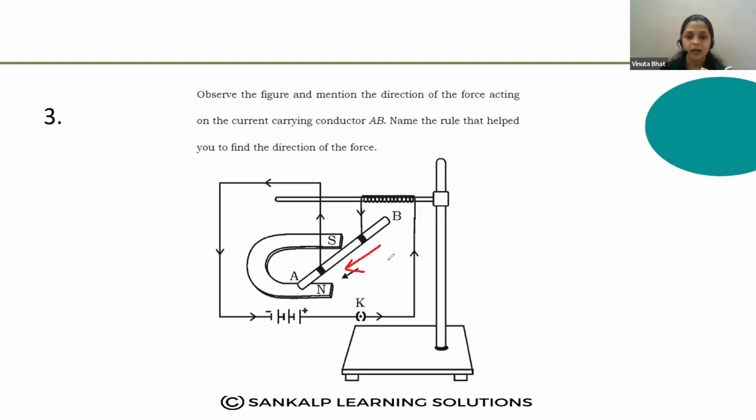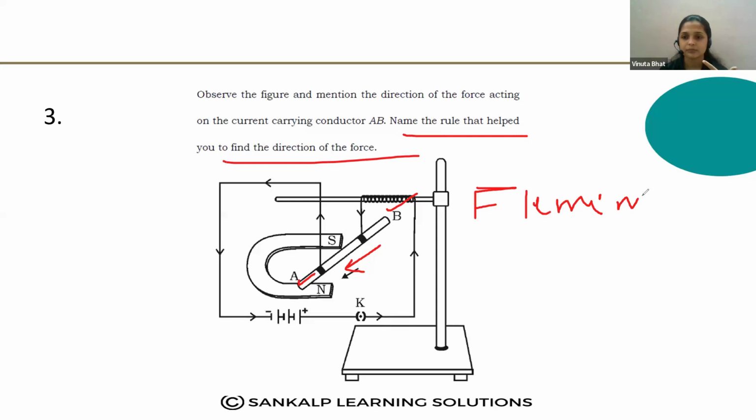Here we know the direction of the current from B to A. Then name the rule to help find the direction of the force here. So that is Fleming's left hand rule.